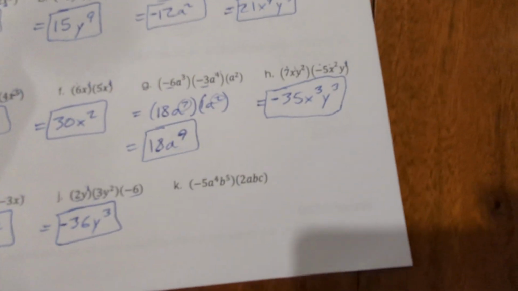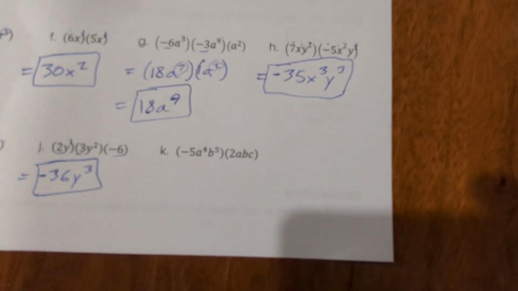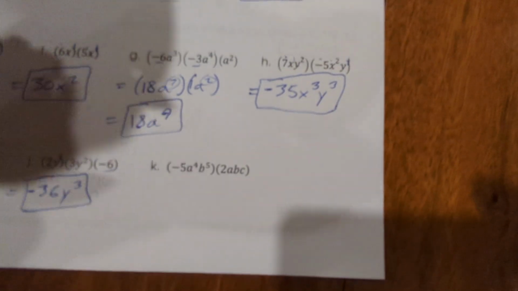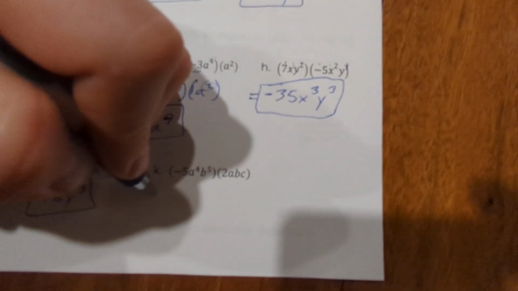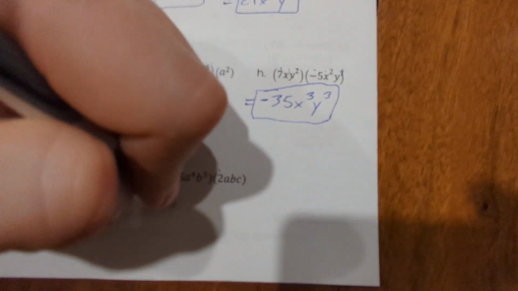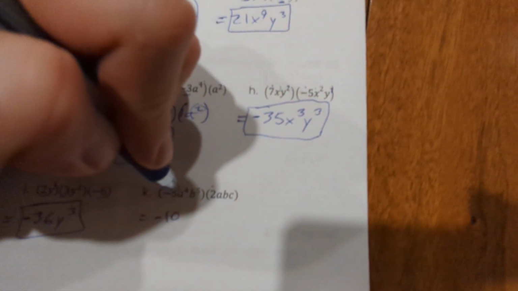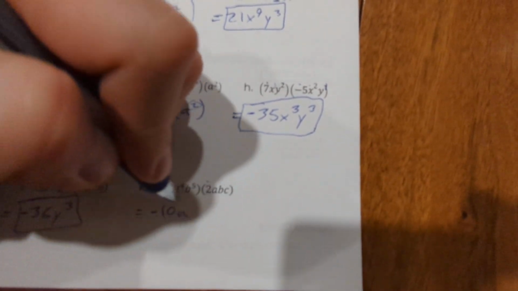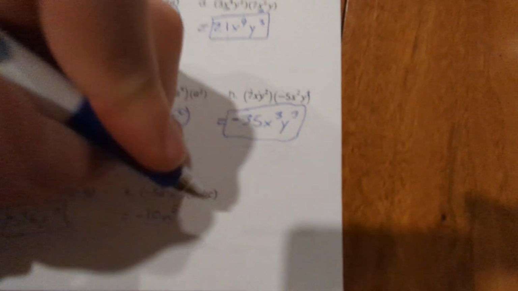And finally, here. Now we have 3 variables on the second term. But again, we just do one thing at a time. So we start with negative 5 times 2, which is negative 10. And then a to the 4 times a. That just adds 1 on, so now we're at a to the 5.